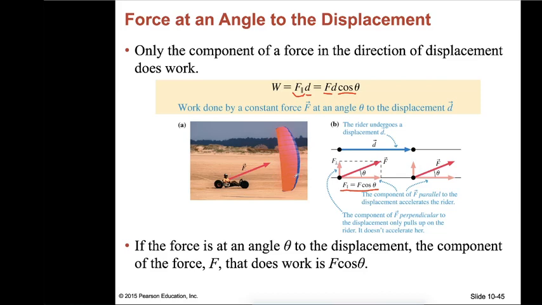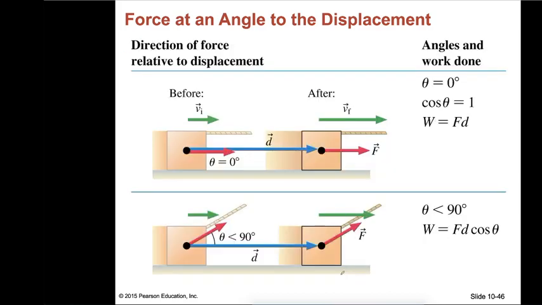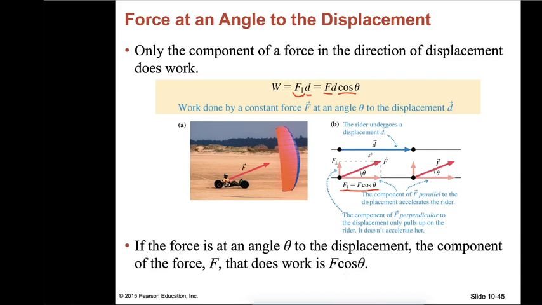So if the force is at an angle theta to the displacement, the component of the force F that does the work is F cosine theta. Okay, so that's the equation for calculating work when the force and the displacement are at an angle.